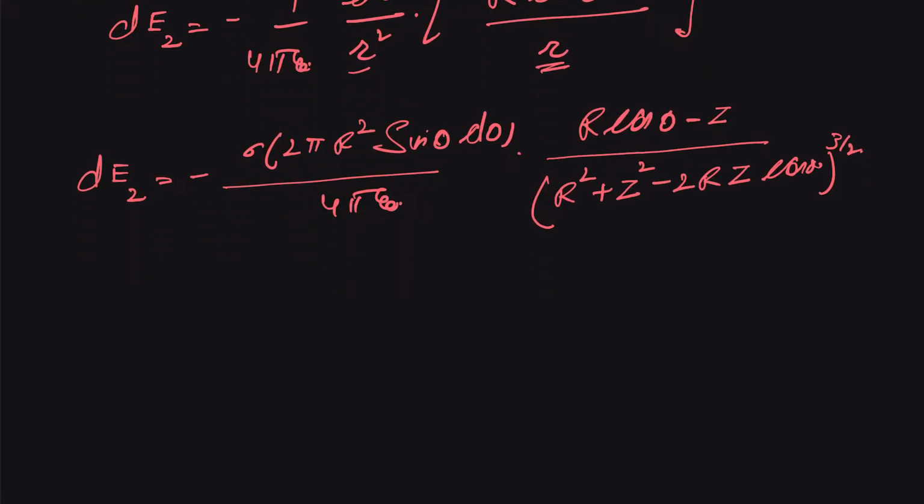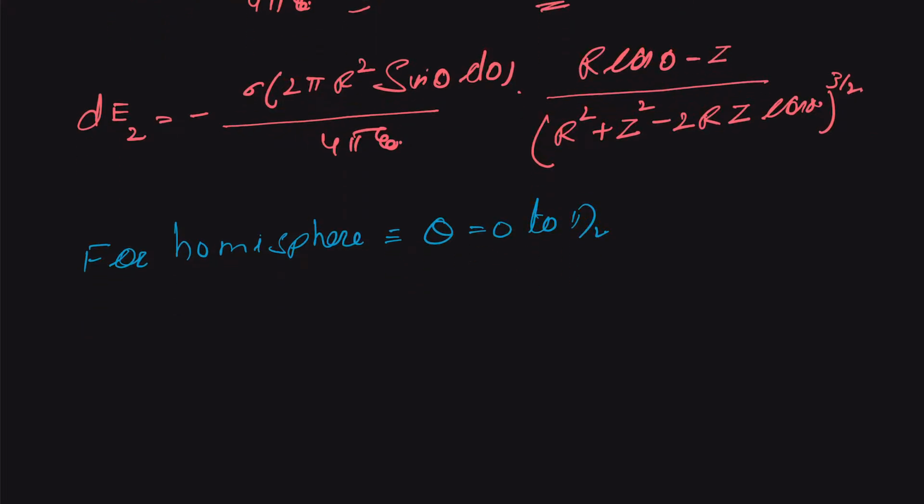So for a hemisphere our theta is 0 to pi by 2, and now it is quite simple.